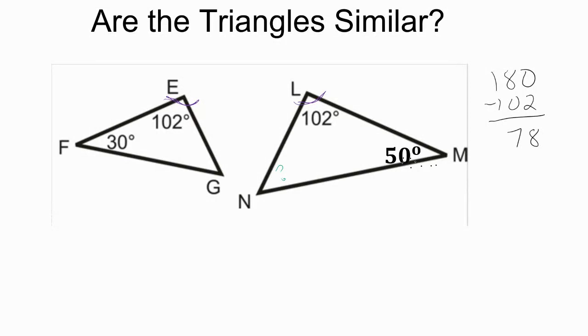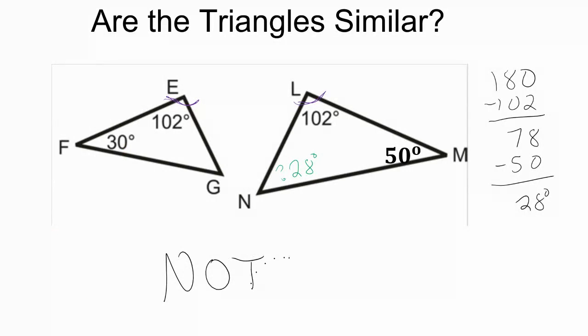Then we're going to subtract our 50, and we're going to get 28 degrees. And so we figured out this angle has to be 28 degrees. Well, is 28 degrees the same as 30? Definitely not. So these are not similar.